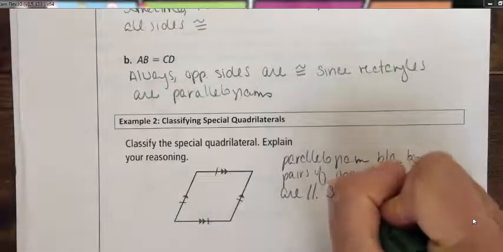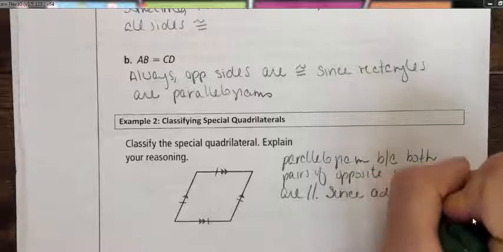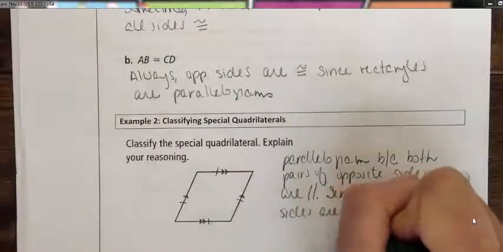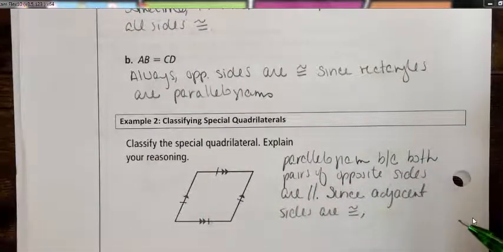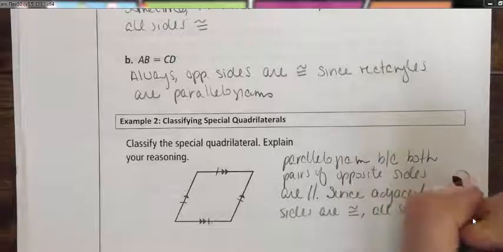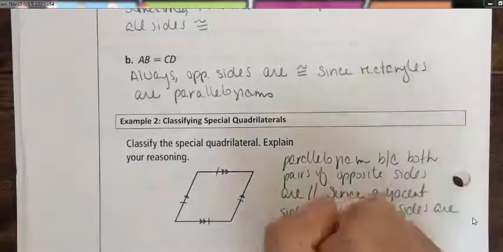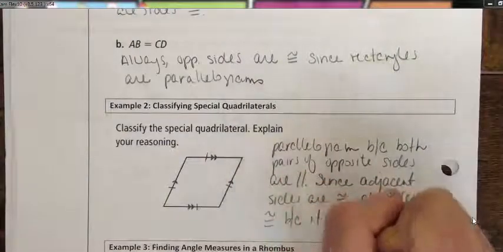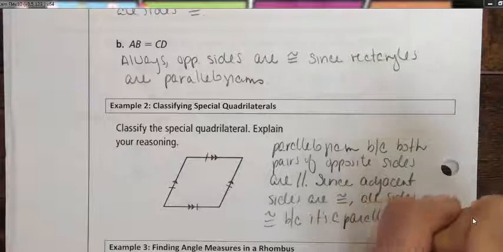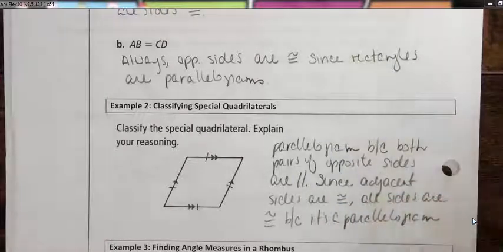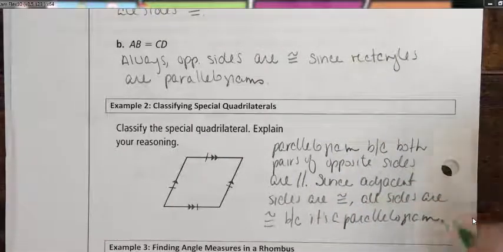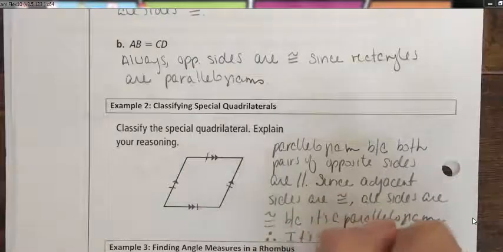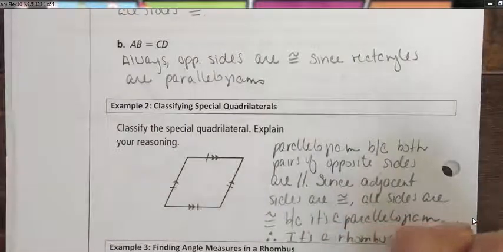So I'll say since adjacent sides are congruent, all sides are congruent, because it's a parallelogram. And I'm going to put, therefore, it's a rhombus, which is a special type of parallelogram.